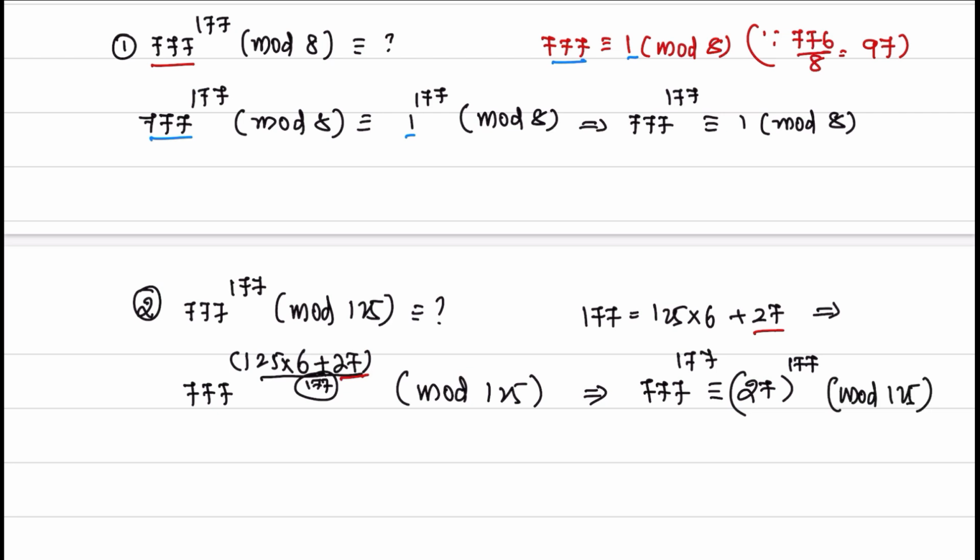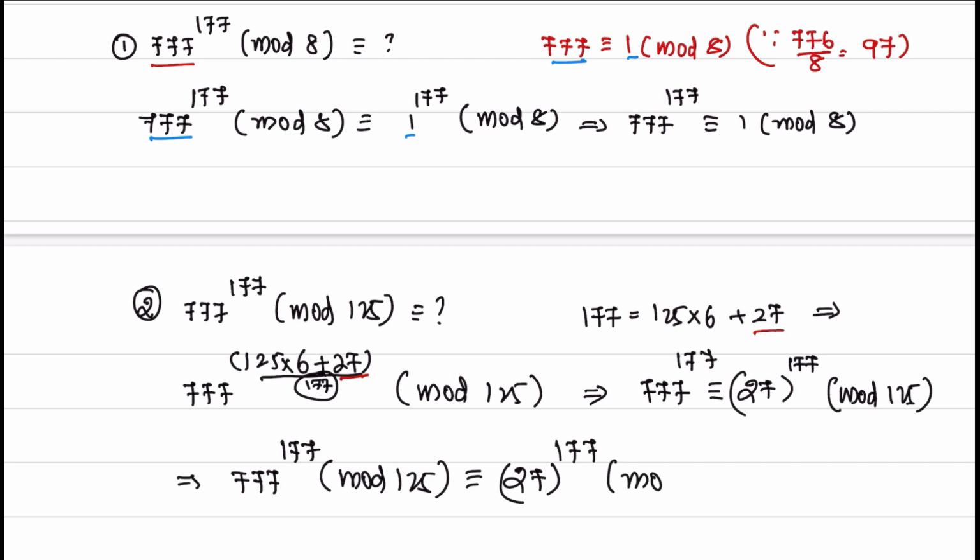Please try to understand the steps. That means 777 to the power of 177 mod 125 is equivalent to 27 to the power of 177 mod 125.